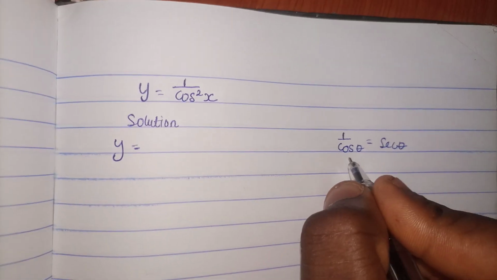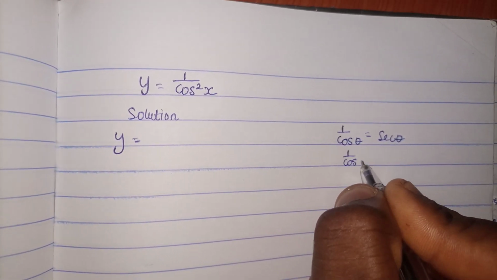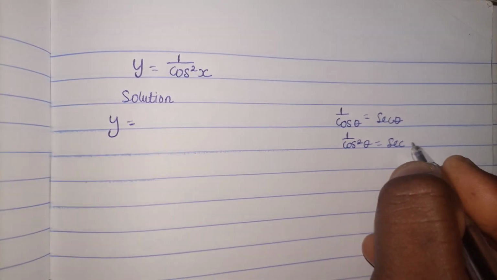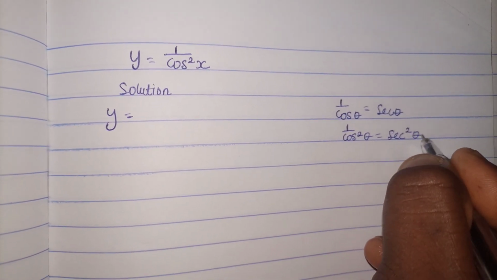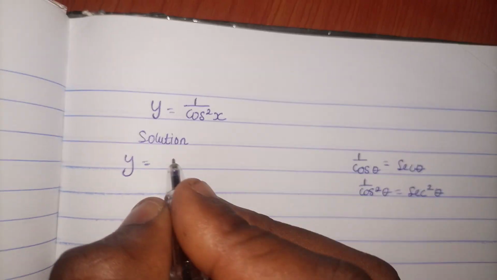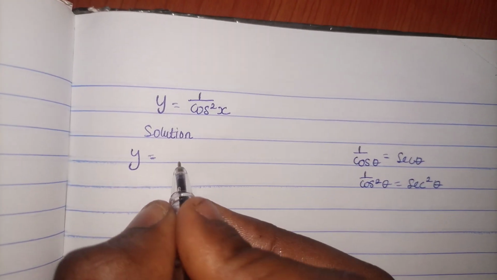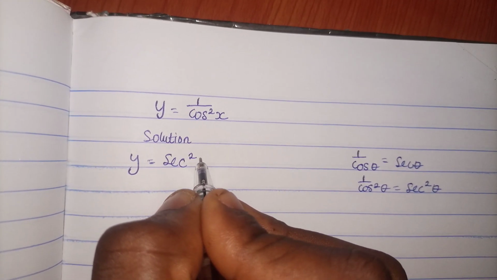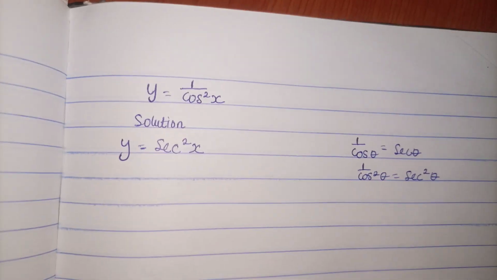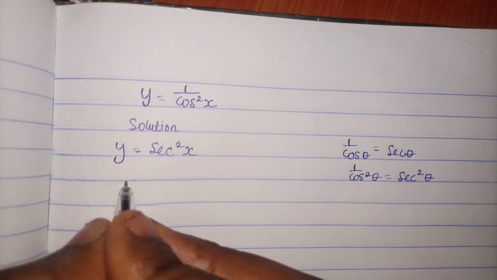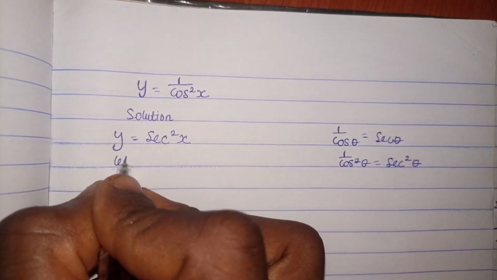If you have 1 over cos squared theta, that is equal to sec squared theta. This is trigonometry. Now we can replace 1 over cos squared x as sec squared x.